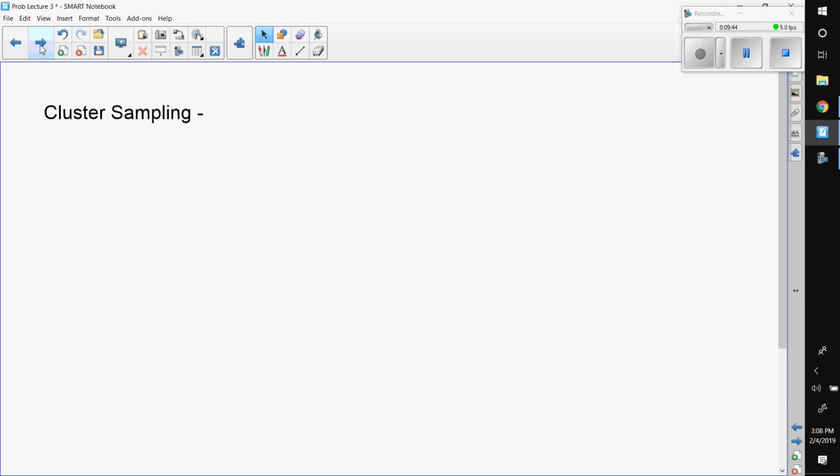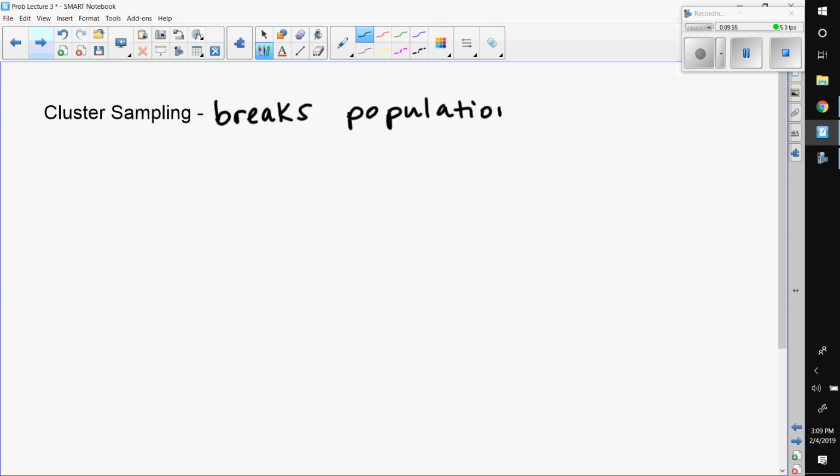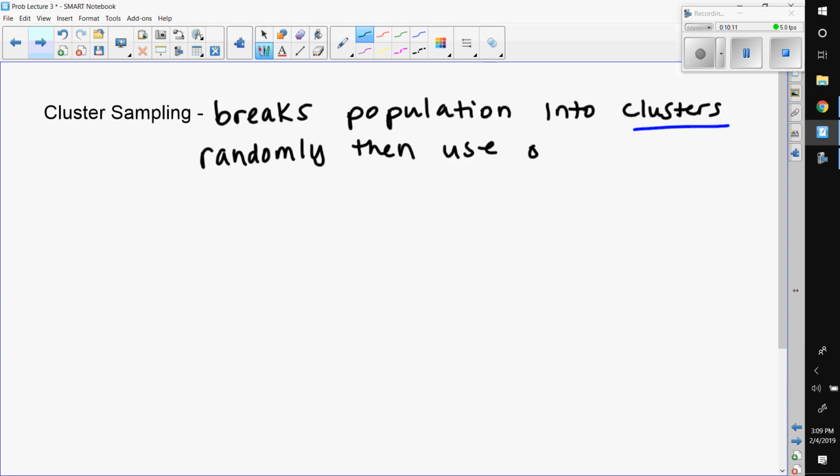And then the last one is cluster sampling. And this also breaks the population up, but this time it's kind of more random groups into clusters, they call them. So it breaks the population into clusters randomly, then uses one cluster as the sample.